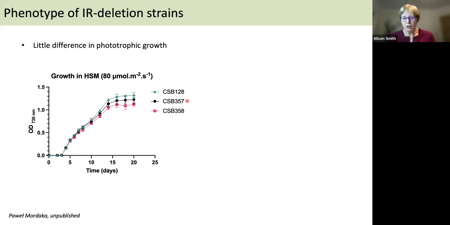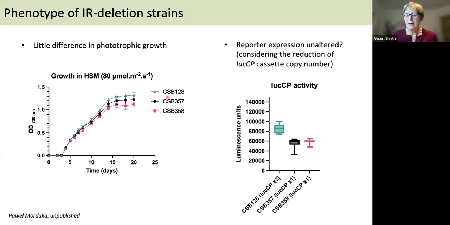If we look at their autotrophic growth, in HSM in the light, there's possibly a slight difference, so that this version has a slightly lower growth rate and carrying capacity than the parental strain, which is not the wild type directly. But I wouldn't say it was statistically significant. And then using luciferase as our reporter for the genetic machinery, we don't really see any activity difference.